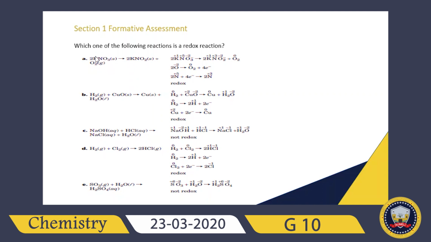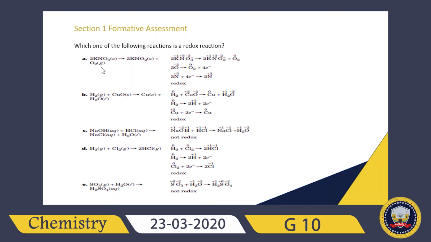So now we have +1 for potassium and -2 for oxygen. What about nitrogen? Remember, guys, how can we assign the oxidation number of a certain atom knowing the oxidation number of other atoms in a compound?